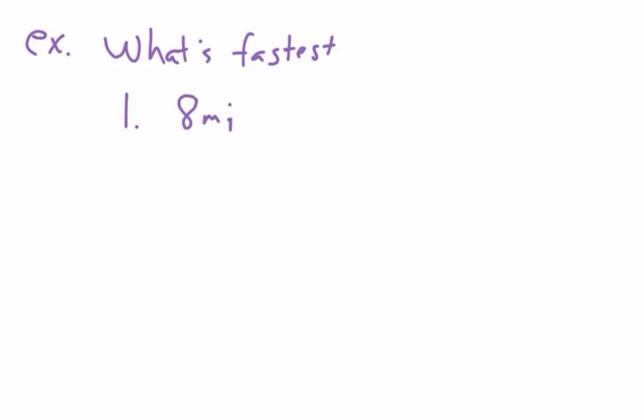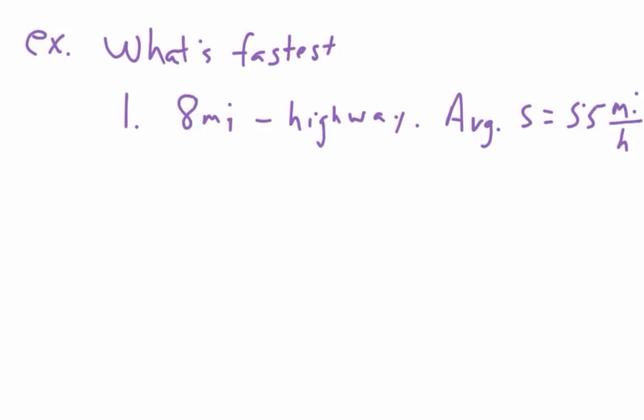So that's an 8 mi highway. The average speed, I'm just going to do AVG for average, equals 55 mi/h. Because I'm doing some highway at 70 or 77 or something, and some city streets, so I'm figuring my average is going to be about 55.